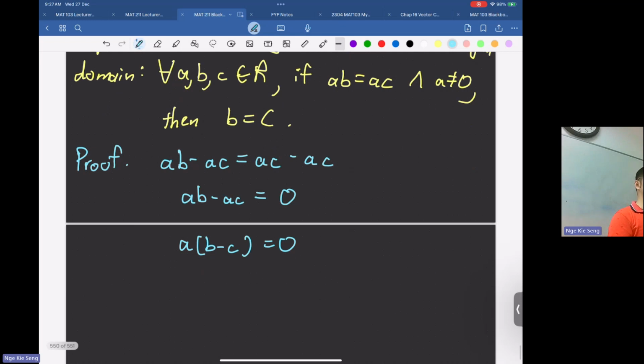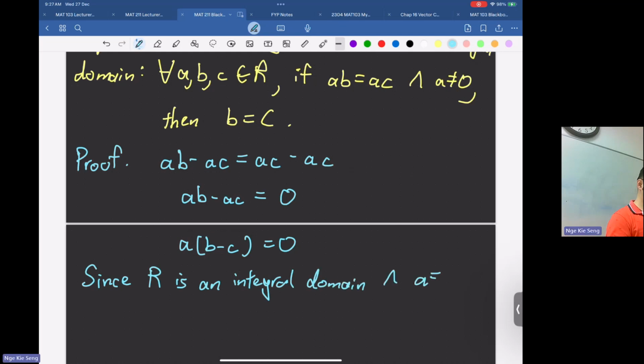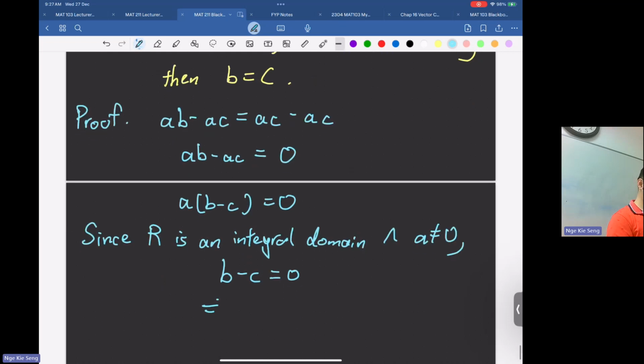So B minus C must be 0, since R is an integral domain and A is not 0, which implies that B equals C.